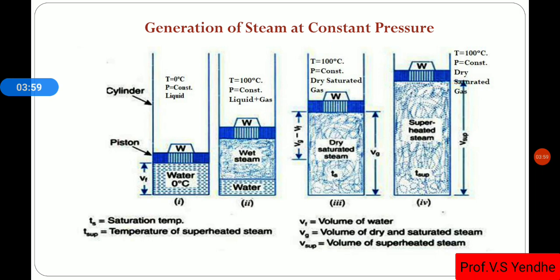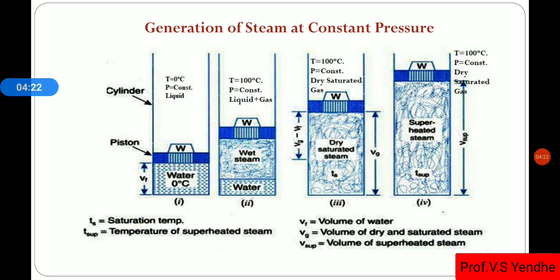As we know, the boiling point of water is T equal to 100 degree Celsius. That means the water starts to boil at 100 degree Celsius, and there is the starting of production of water vapors or steam.